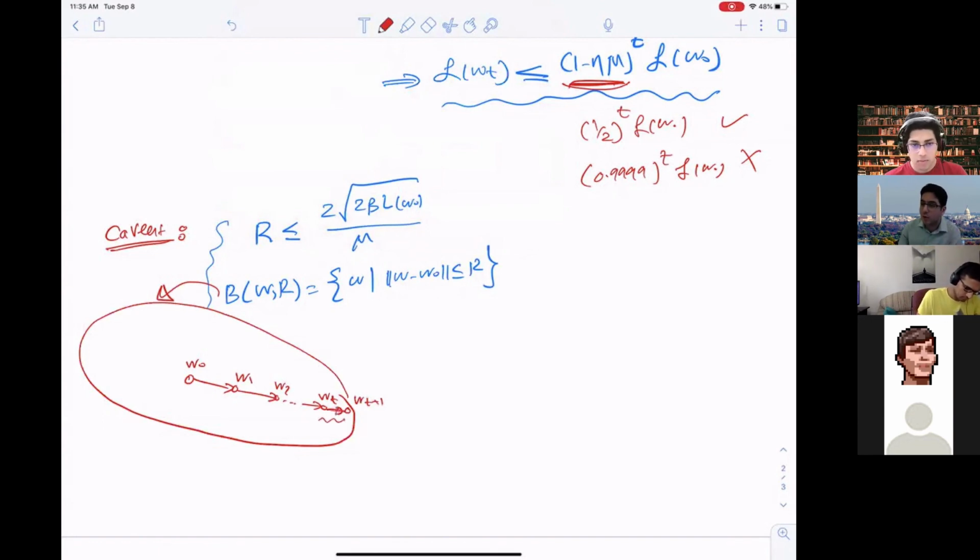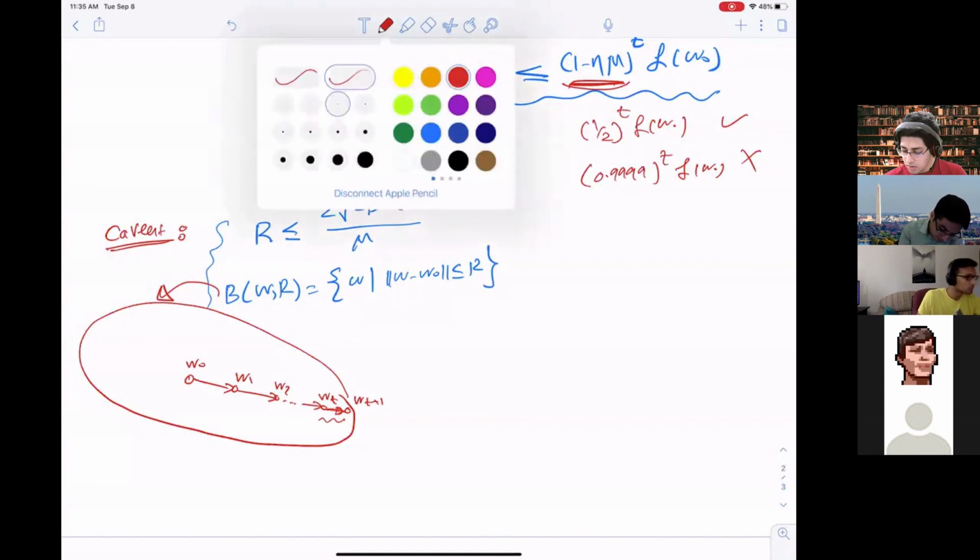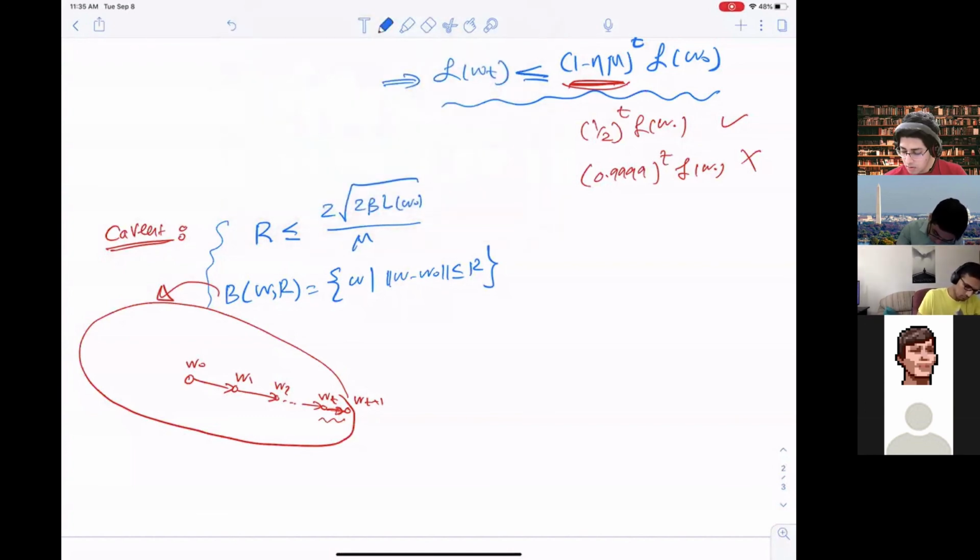This vector is proportional to the gradient at WT, right? Eta times the gradient. So the length of this vector is therefore eta times the magnitude, the norm, of my gradient vector.